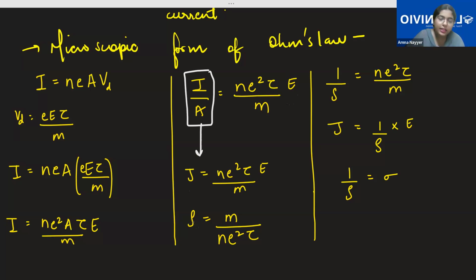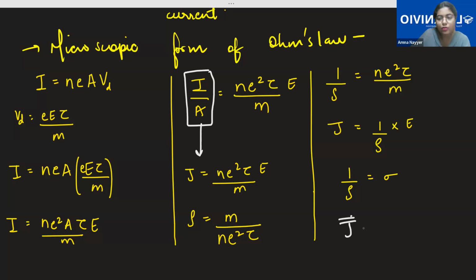Now, resistivity, we discussed in the last class. Resistivity is actually m by ne square tau. So ne square tau by m will be 1 by resistivity. So when we put the values, we get the current density as 1 by resistivity into the electric field. 1 by resistivity is sigma.